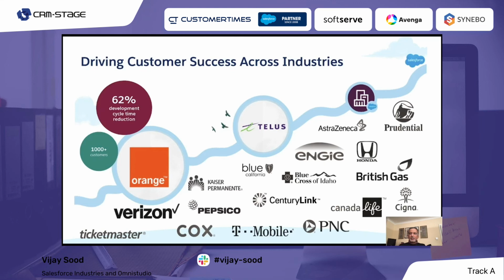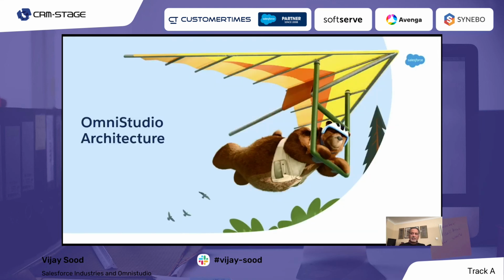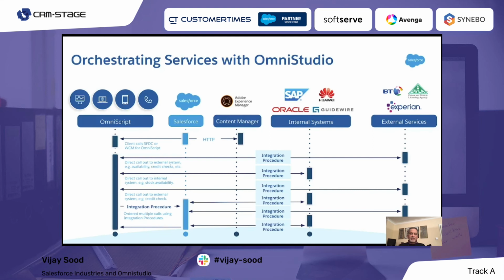Okay, for the tech guys amongst you, to give you a sequence diagram, you could think of the Omniscript making calls to Salesforce and HTTP requests out to an Adobe Content Manager. You could use the integration procedures, as I've mentioned here, to different backend systems, and bring information back, etc. So there's a number of different step scenarios you can use, right?